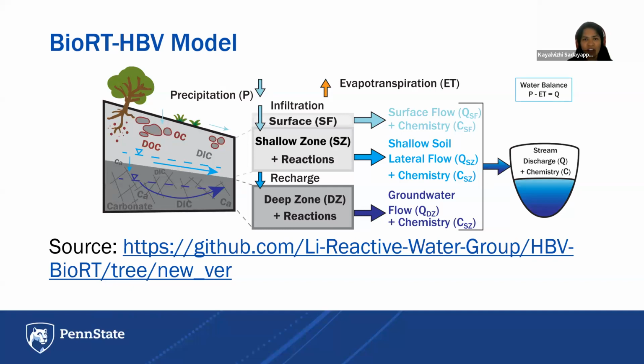BioRT-HBV model, as you all will by now know, is a reactive transport model that can simulate a wide range of biogeochemical reactions. The BioRT-HBV model is available for download in this GitHub page, and I'm now going to go to this website and show you how to download the code.